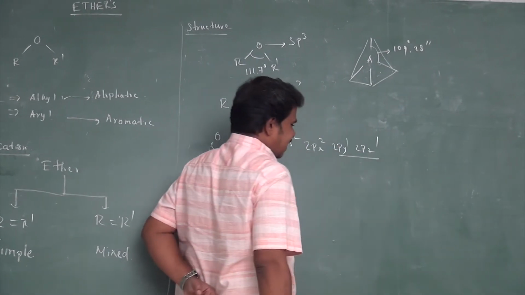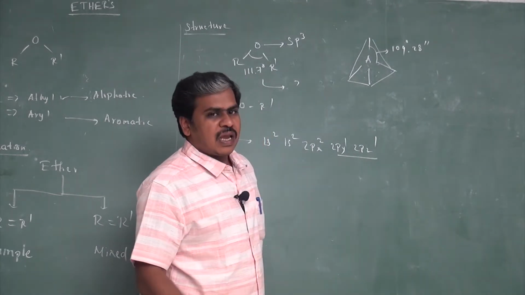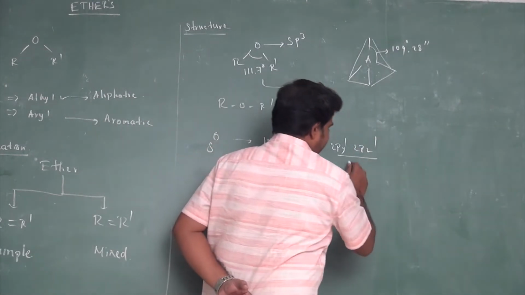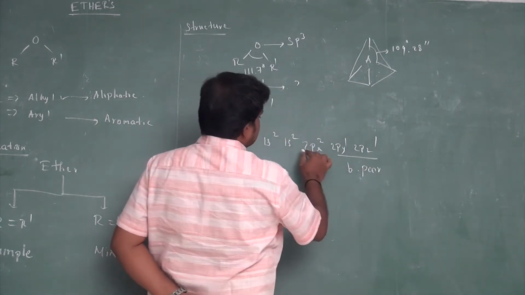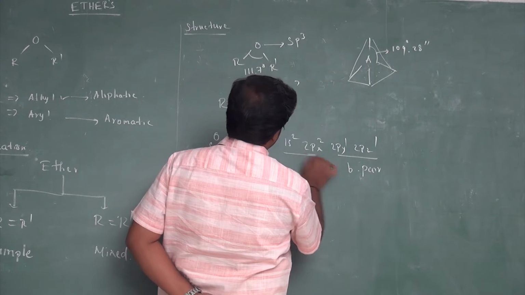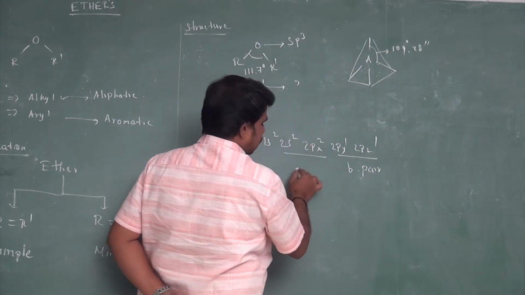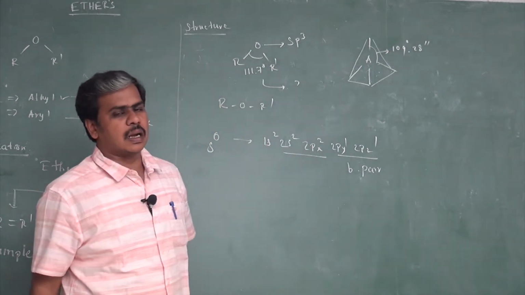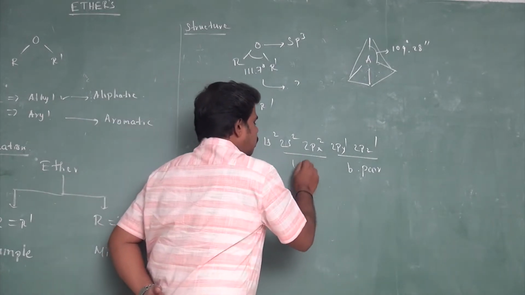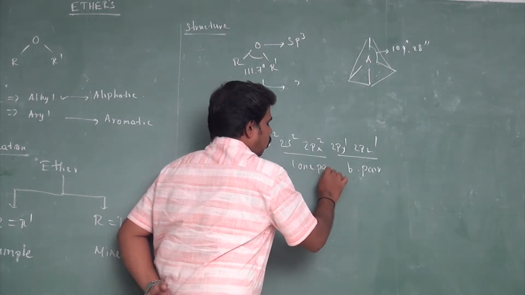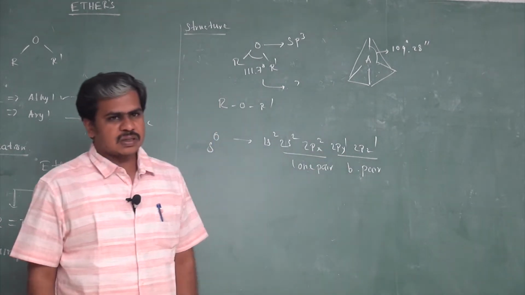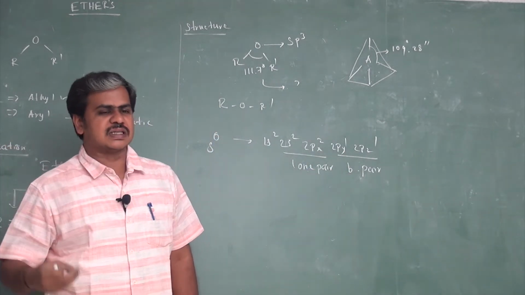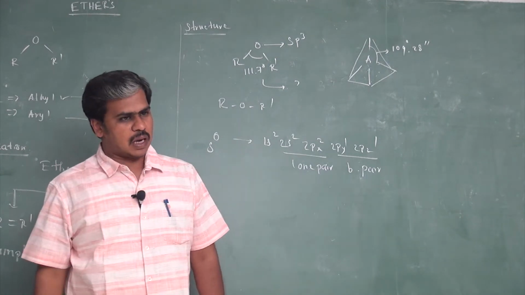The electrons involved in bond making are called bond pairs. The electrons not involved in bonds are called lone pairs.